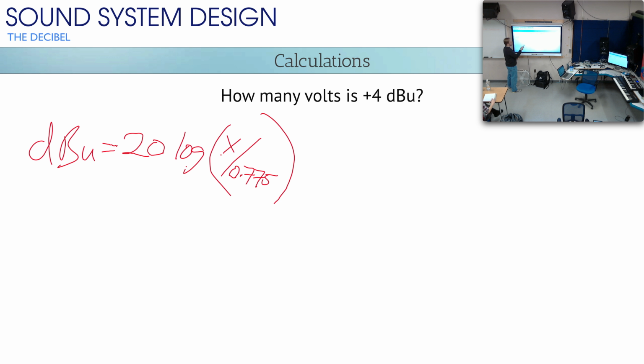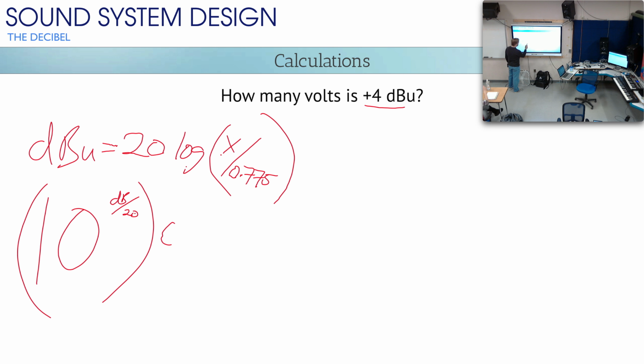Now, I already know the dBu, right? And by the way, x is a voltage in this case, some number of volts. So I already know the dBu. And so if I solve for x, then of course it's 10 to the power of the dB divided by 20, times the reference level, which is 0.775.